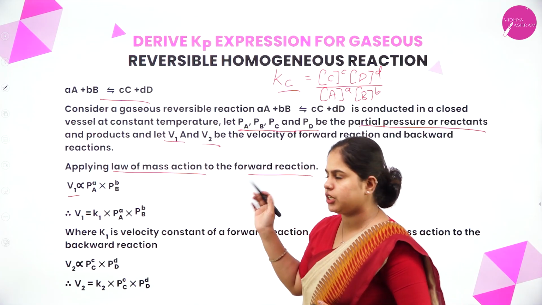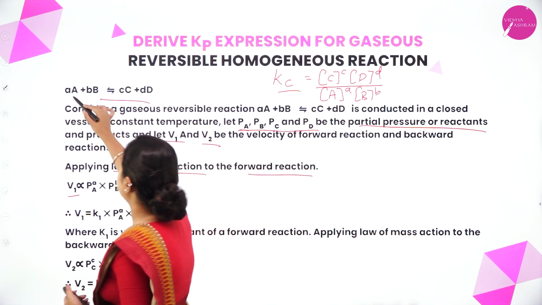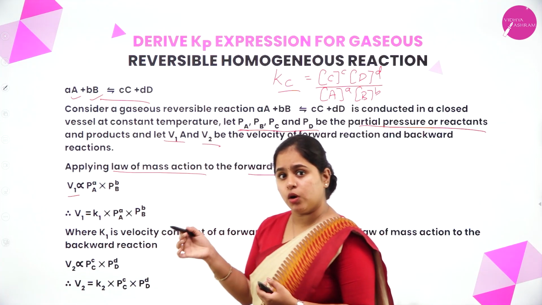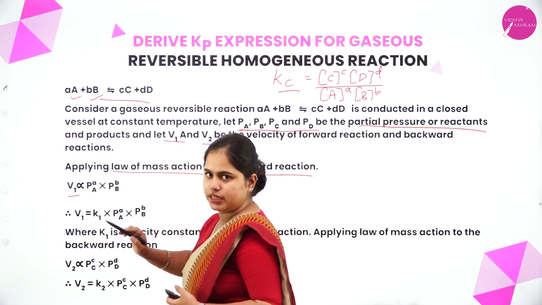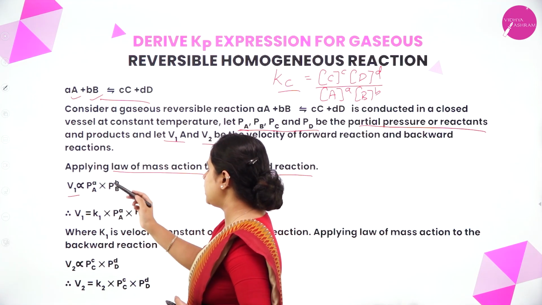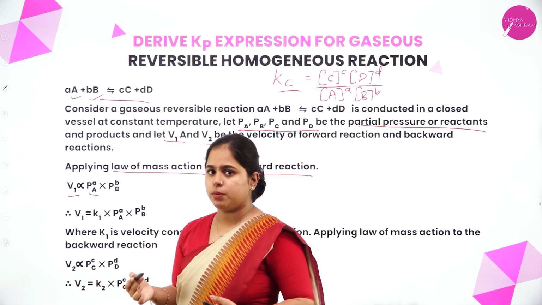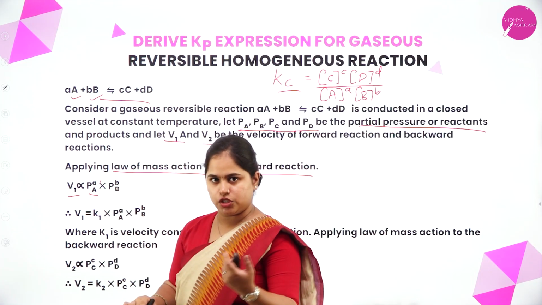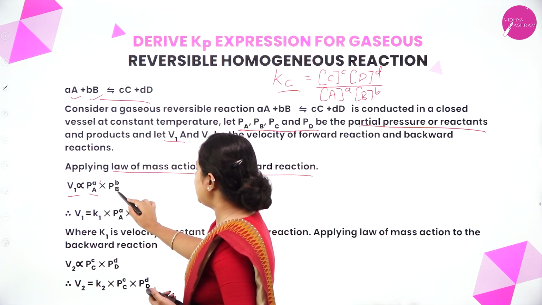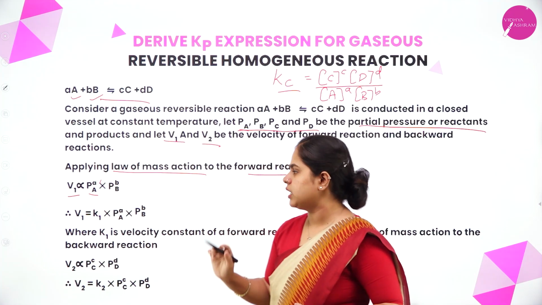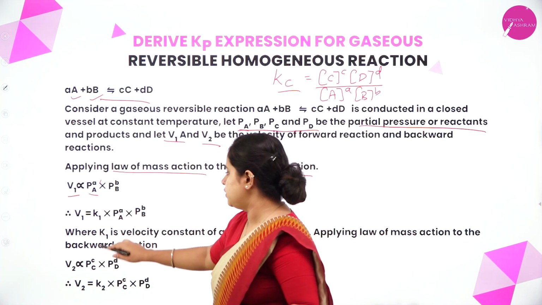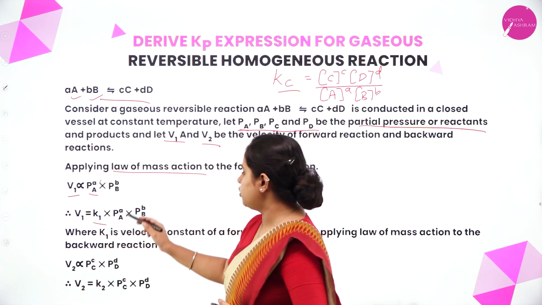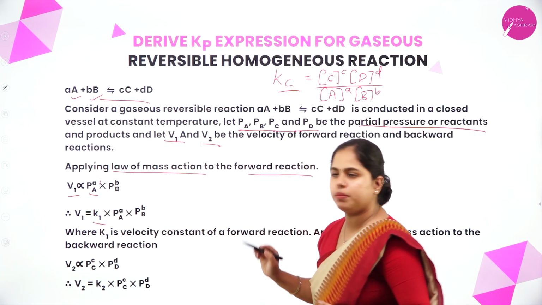In the forward reaction, the reactants are A and B, right? Now we are going to write in terms of pressure. V1, the velocity of the forward reaction, will be directly proportional to the partial pressure of A raised to the power a, which is a stoichiometric coefficient, and Pb raised to the power b. Now, to remove the proportionality, we introduce a constant, K1. So V1 will be equal to K1 into Pa raised to a into Pb raised to b.